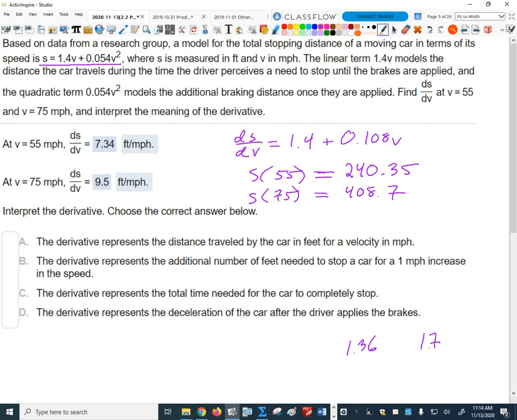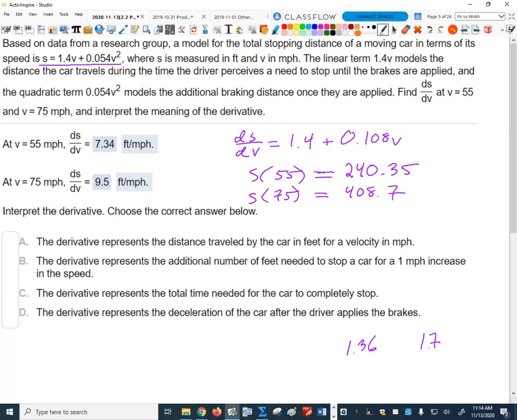Okay, so even though you only increased your speed by 36%, the stopping distance went up by 70%, right? So it's nonlinear, and we can see that because there's a v squared there, right? And maybe if we have time, I'll tell you the physics behind that, but not today.